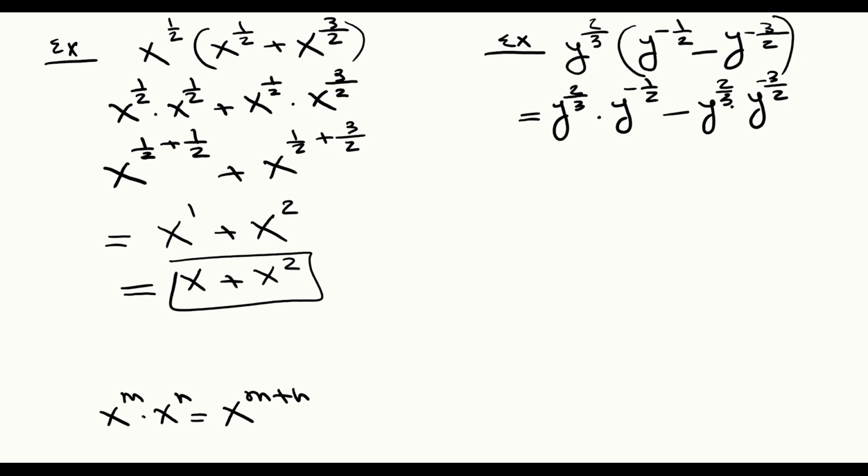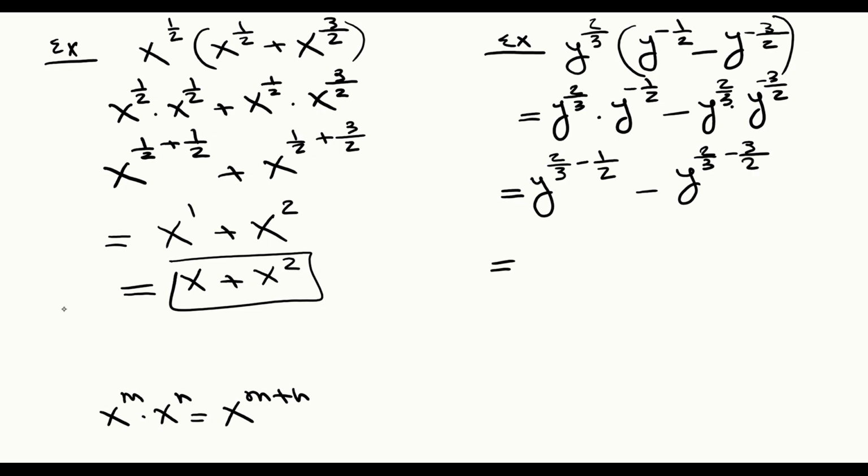And now we're going to apply the product rule again. So we're going to get y to the 2/3 plus -1/2, which just becomes -1/2, minus y to the 2/3 minus 3/2, which plus -3/2, which becomes just minus 3/2.